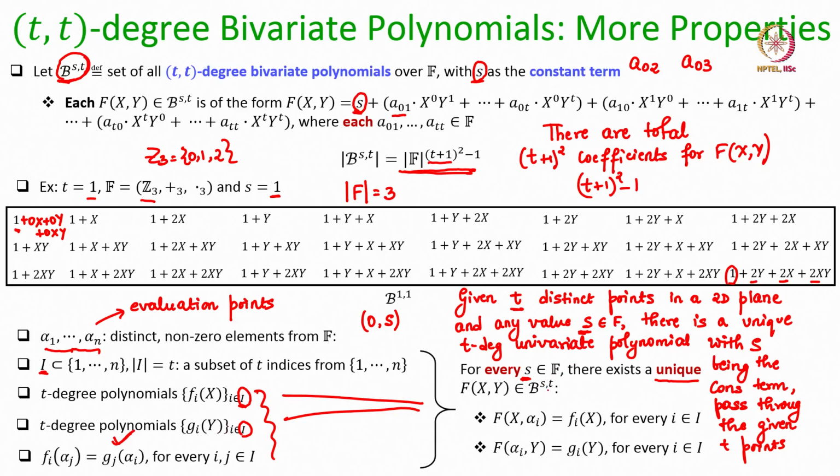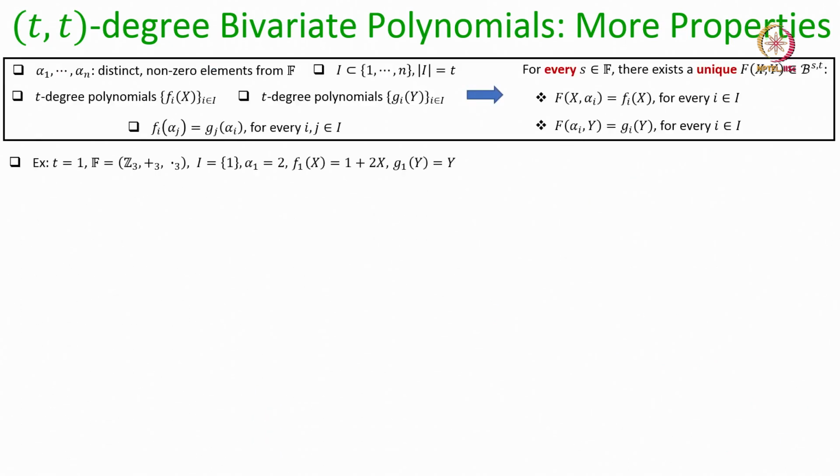The constant term of the bivariate polynomial should be the given value s, and it should pass through the t number of x univariate polynomials and t number of y univariate polynomials which are pairwise consistent. The claim is you can find only one such bivariate polynomial. You can't find multiple bivariate polynomials. So, let me first demonstrate this property and then we will prove it formally. This is what we want to claim.